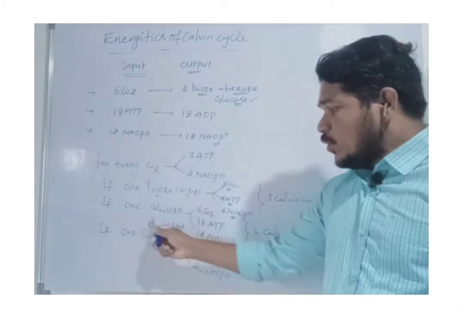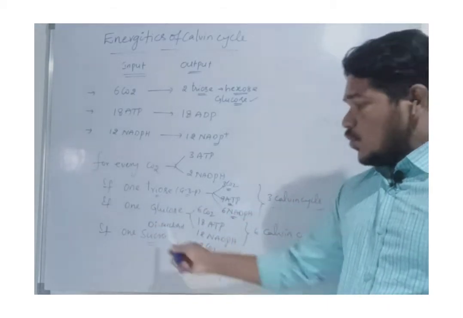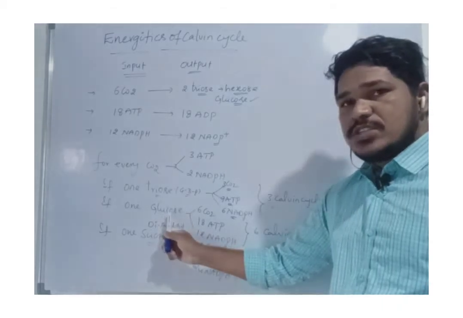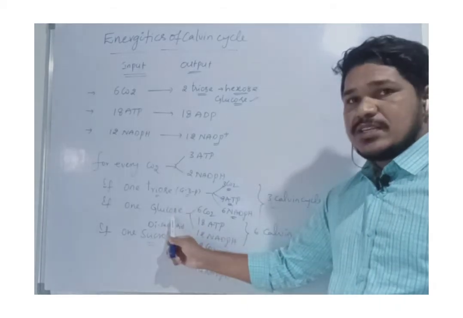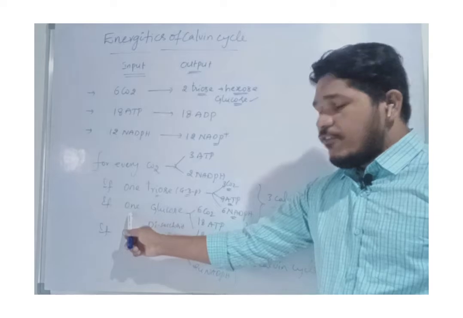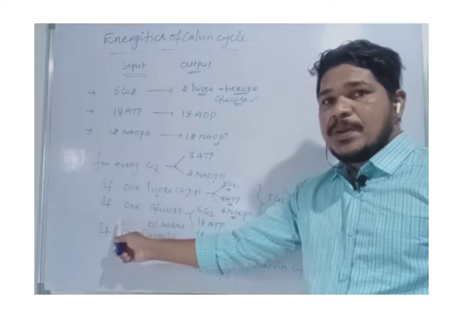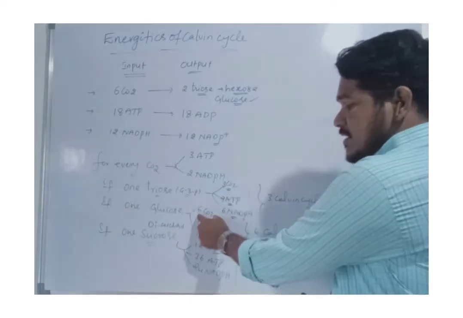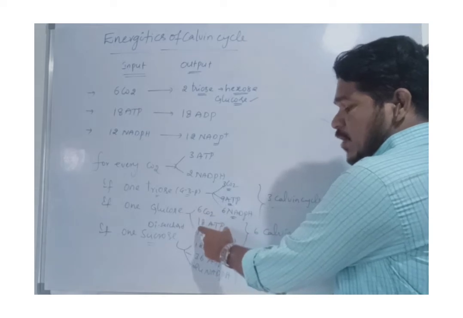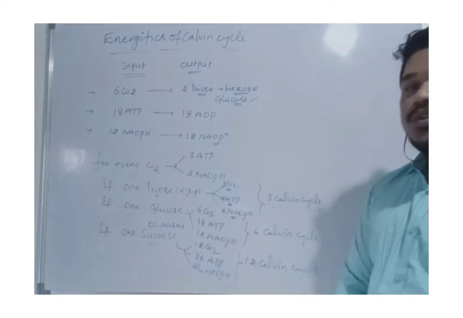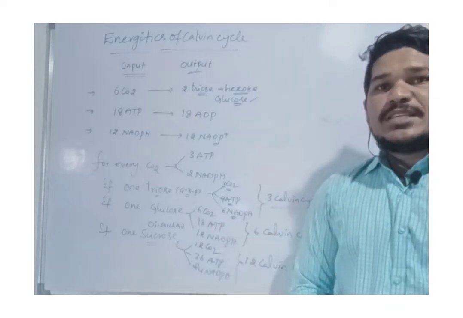And then one glucose molecule. Glucose is a hexose sugar. Hexa means 6. So a 6 carbon atom compound is synthesized by the requirement of 6 molecules of carbon dioxide, 18 molecules of ATP and 12 molecules of NADPH.